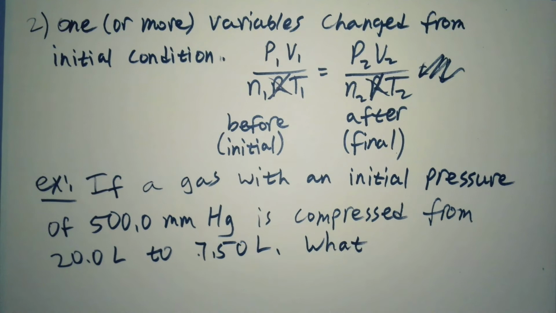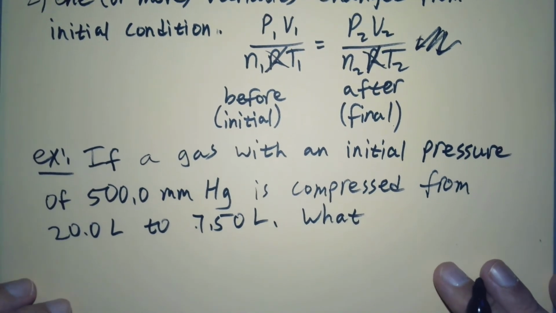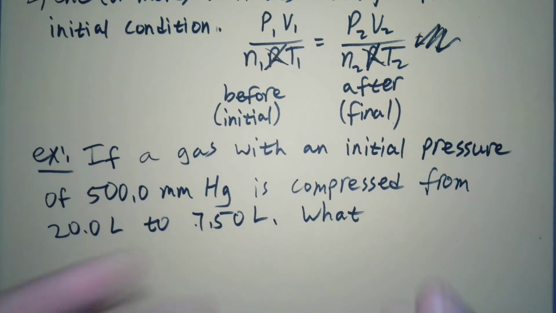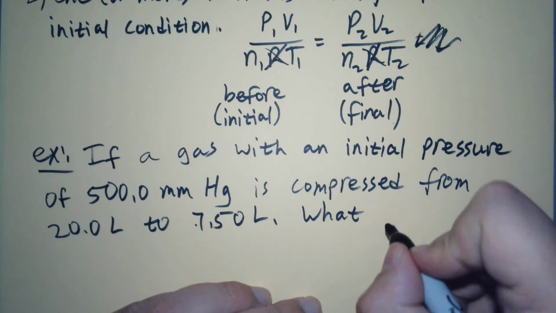If you had to guess what I'm going to ask here, what do you think it is? I just gave you a pressure and 2 volumes. I think I'm going to ask for the second pressure. So what is its final pressure?